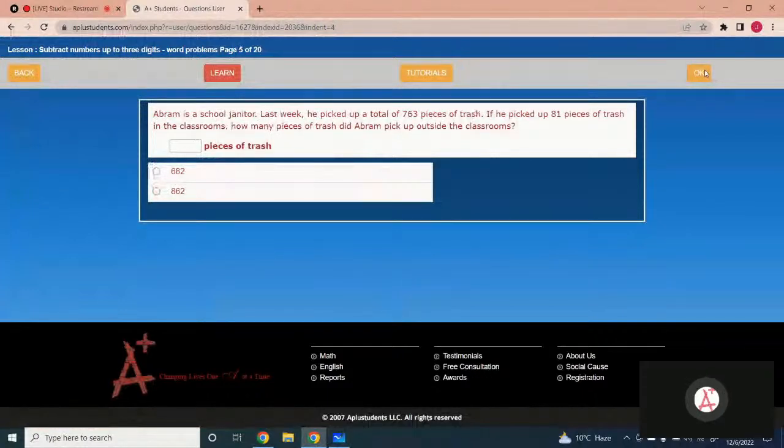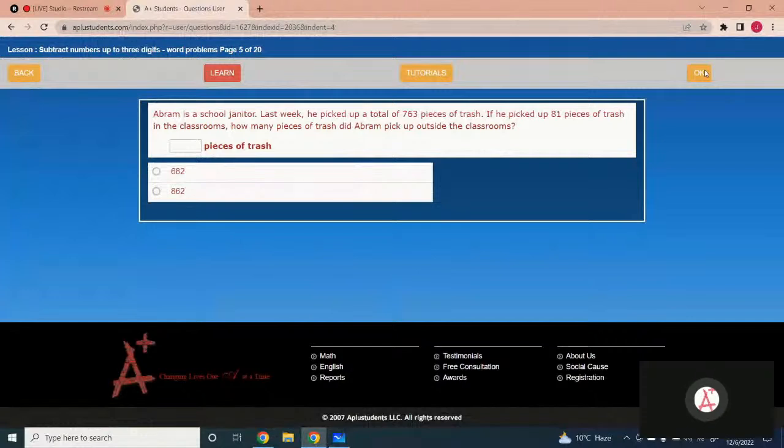Okay, the next one is Abram is a school janitor. Last week he picked up a total of 763 pieces of trash. If he picked up 81 pieces of trash in the classroom, how many pieces of trash did Abram pick up outside the classroom? So you have to do 763 subtract 81. Got it?